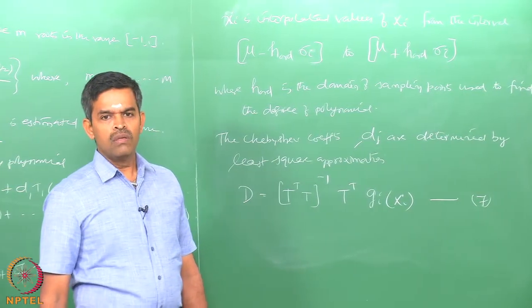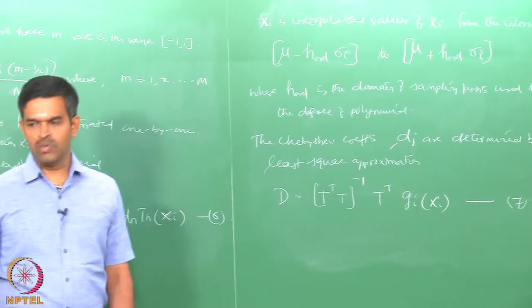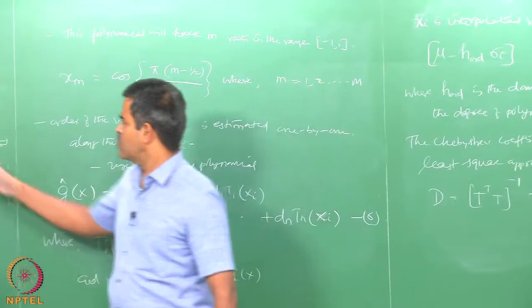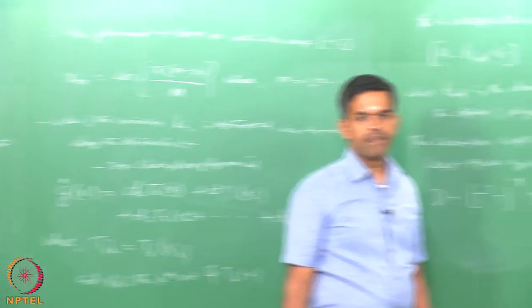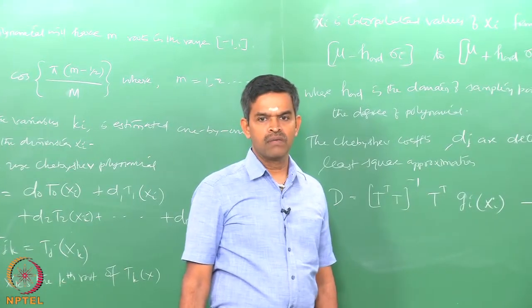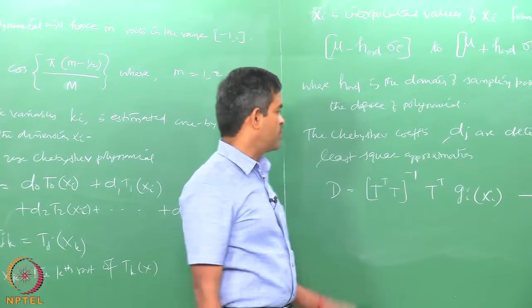Now, since all Chebyshev polynomial coefficients are bounded within the limits -1 to +1, contribution of T_j to the limit state function will be governed to the order of d_j only.